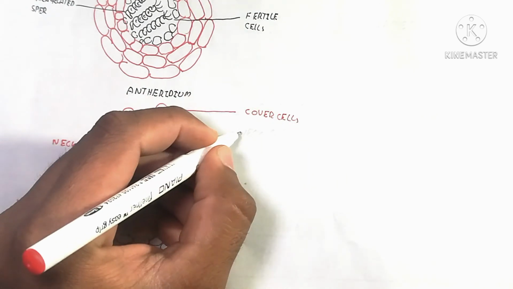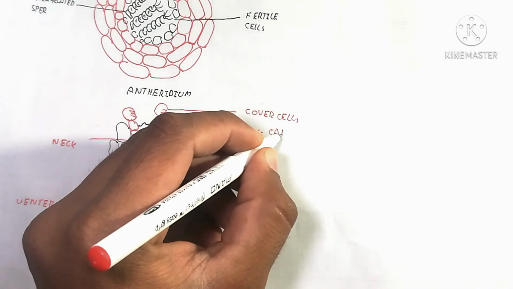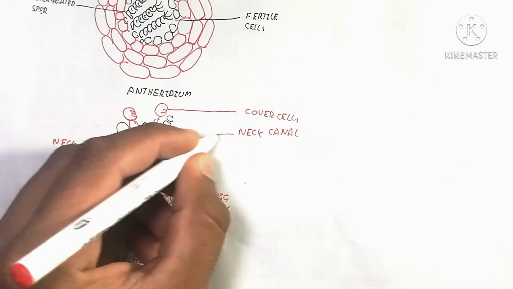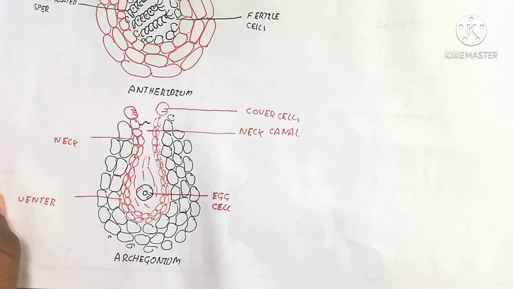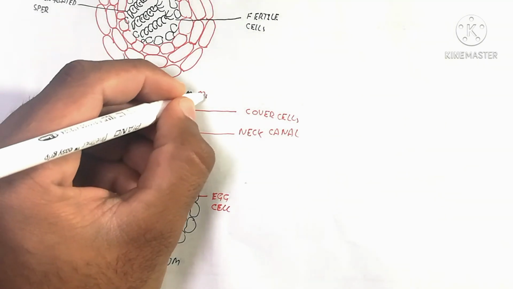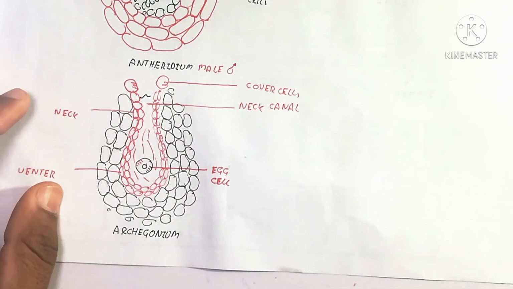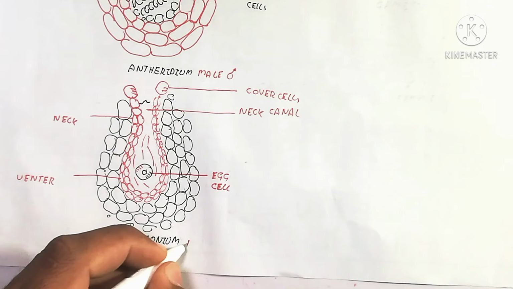Now we will discuss the life cycle of the bryophytes. That will be important for us to understand the alternation of generation. What is the meaning of alternation of generation? The alternation of generation means a haploid generation creating a diploid generation. What does that mean?